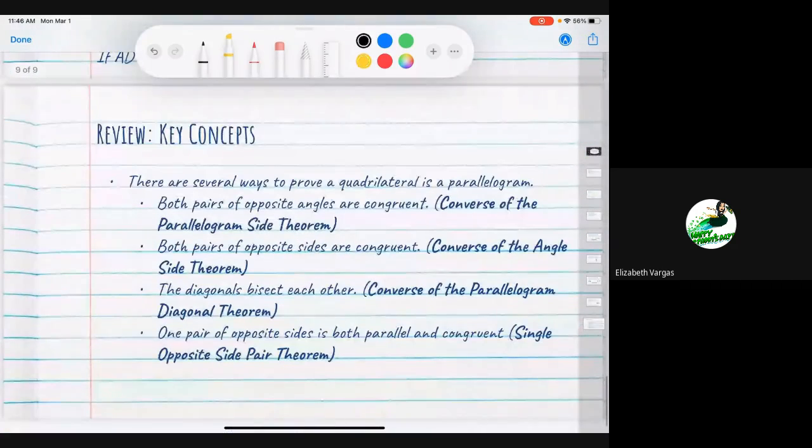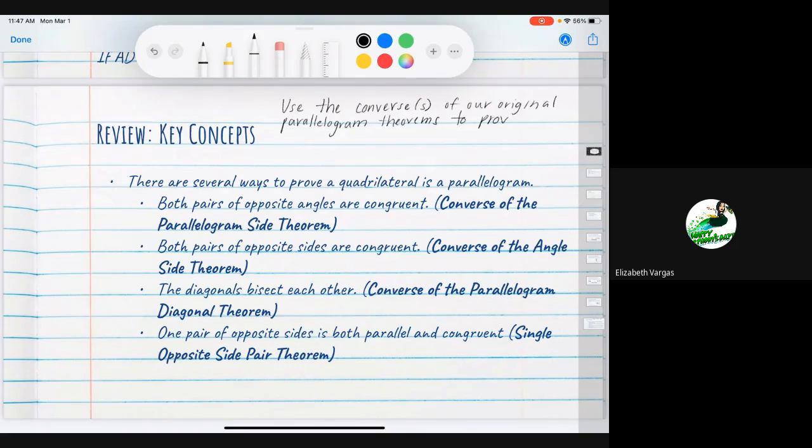So basically what we're able to do is we use the converses of our original theorems, our original parallelogram theorems, to prove that a quadrilateral is in fact a parallelogram.